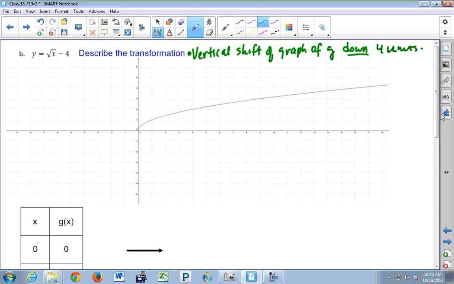If I were thinking about plotting points in creating tables of points and then showing my new points, I would think of it this way. I'm going to subtract 4 from all y values. Again, do you like working with your tables or do you like working with your graph?